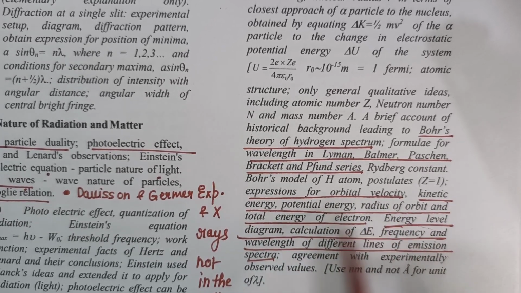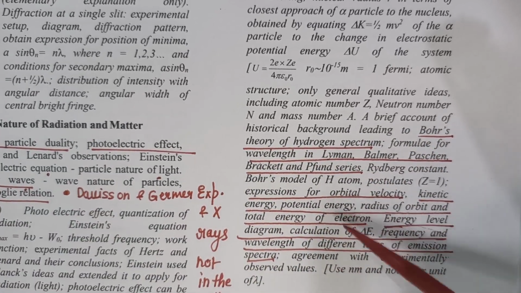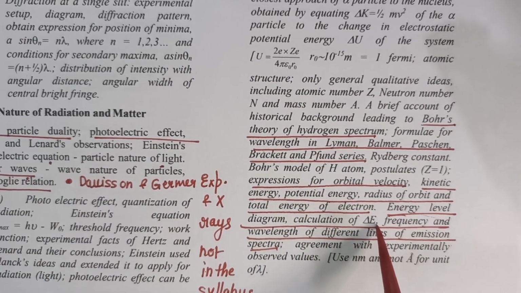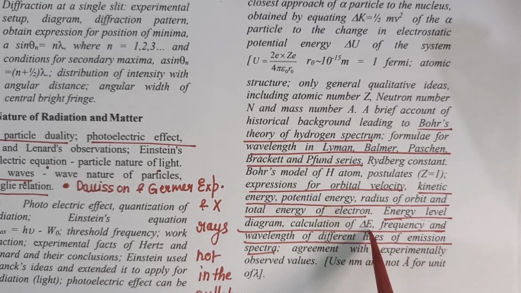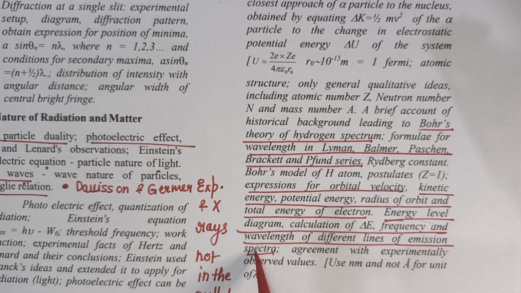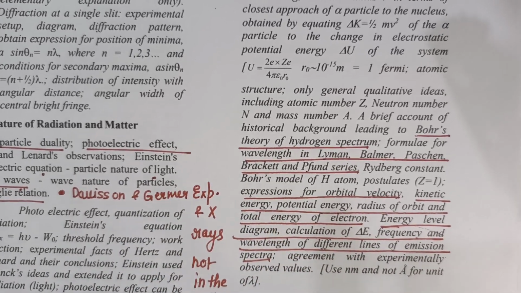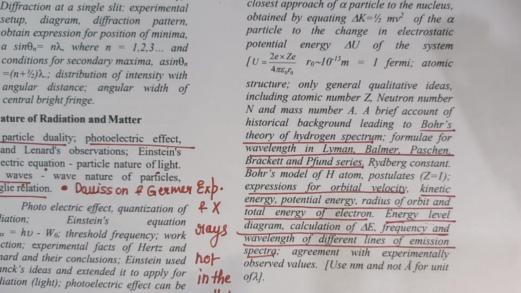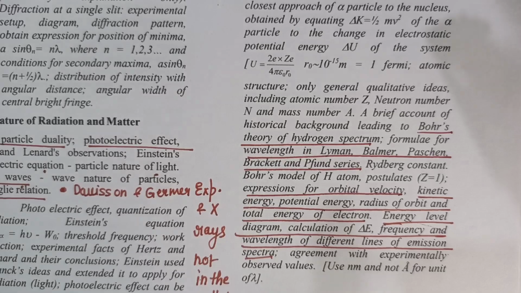Then how to draw the energy level diagram to show the transitions between the energy states, the frequency emitted when an electron moves from one state to another, and the wavelength of different lines emitted in the spectrum when an electron moves from higher to lower energy states. Here it is important that they are asking to use nanometer in place of angstrom as the unit.